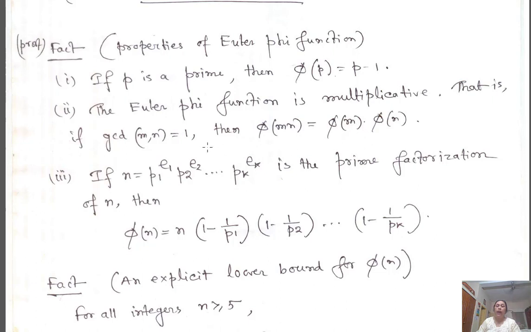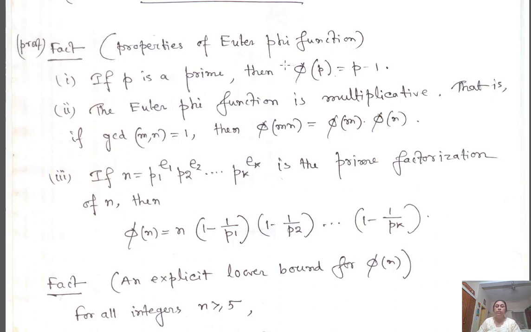And the more general one: if n has this prime factorization, then we have this formula for phi(n). If you know the prime factorization of n, then you can calculate phi(n). Essentially, it is n times (1 minus 1/p1) times (1 minus 1/p2) ... times (1 minus 1/pk), where p1, p2, ..., pk are the distinct primes appearing in n.